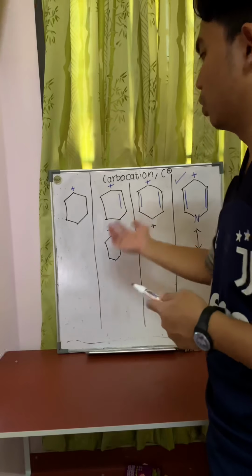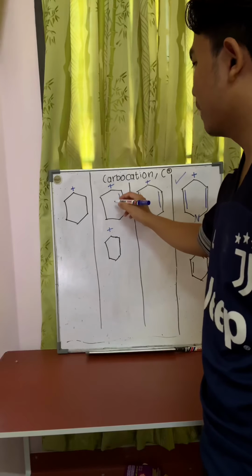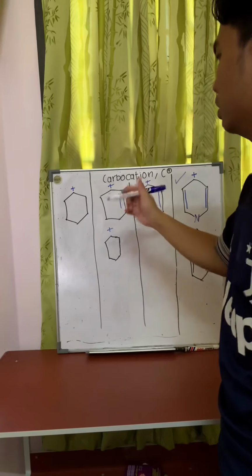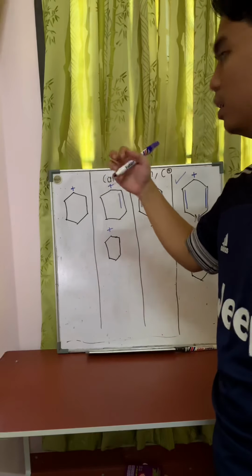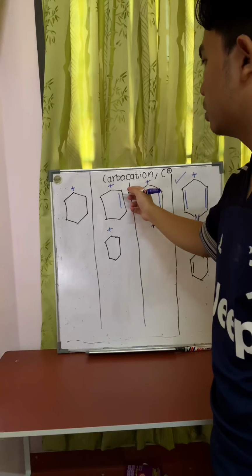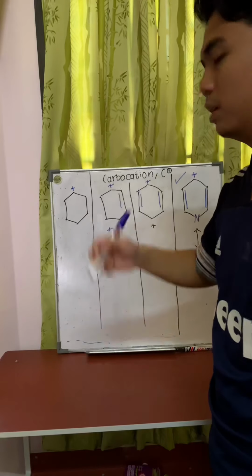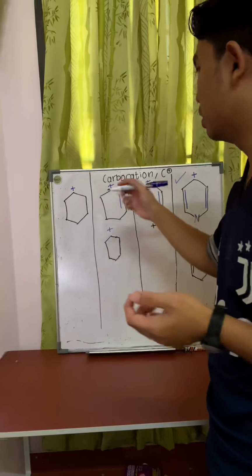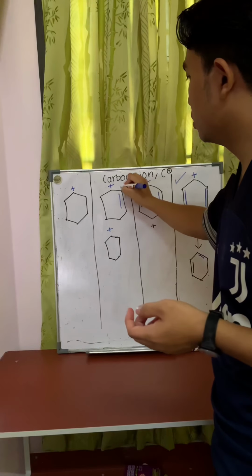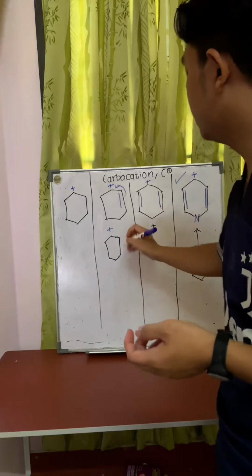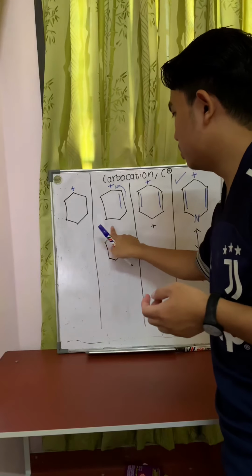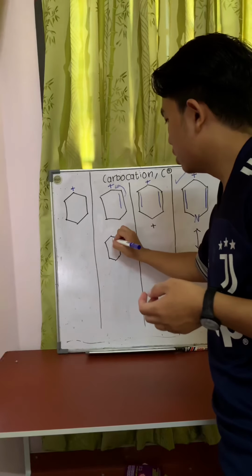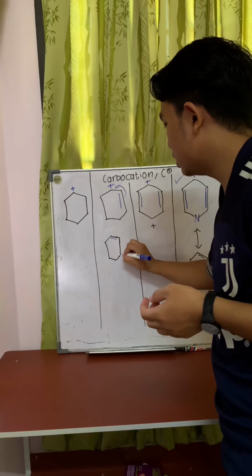For the next, we have a double bond here, so we can do a resonance structure. For the resonance structure, it's best to share the positive charge with 2 carbons than 1. So here we move the bond, and then the positive charge will be here.